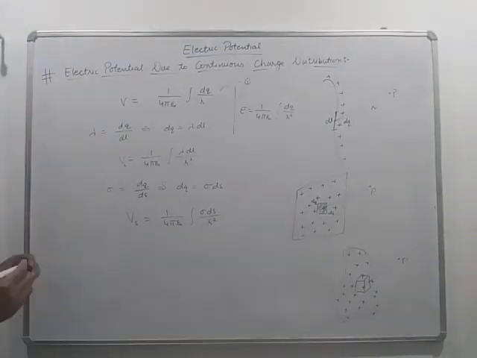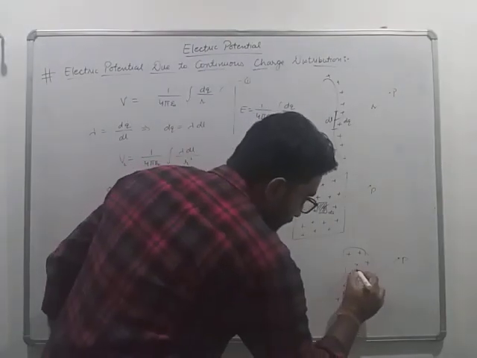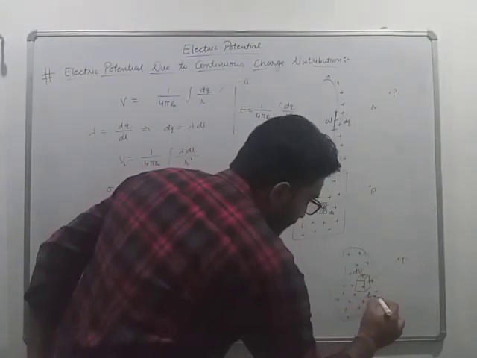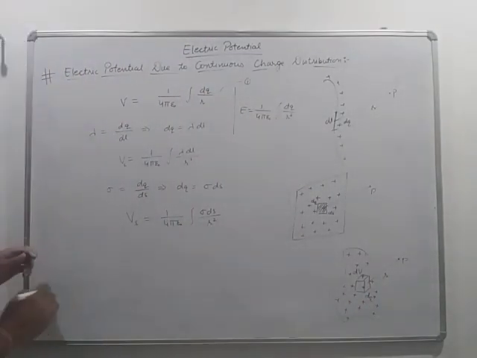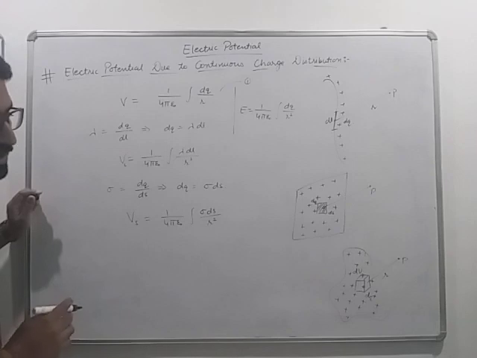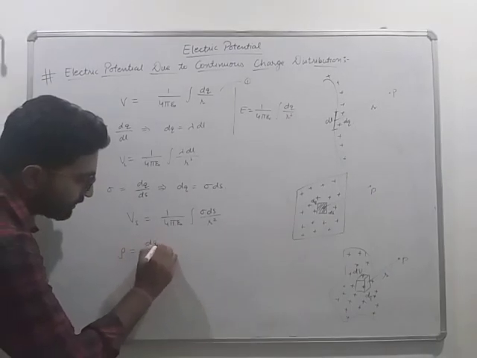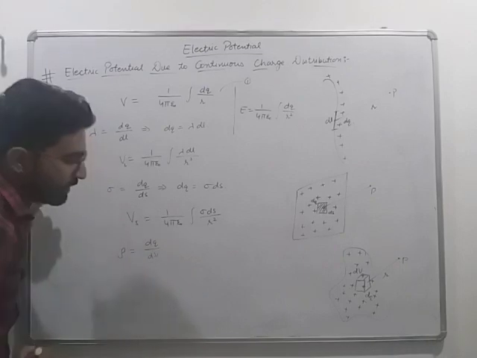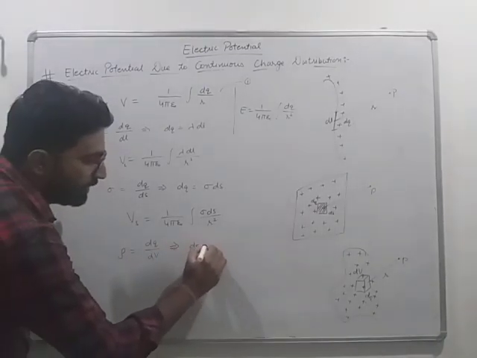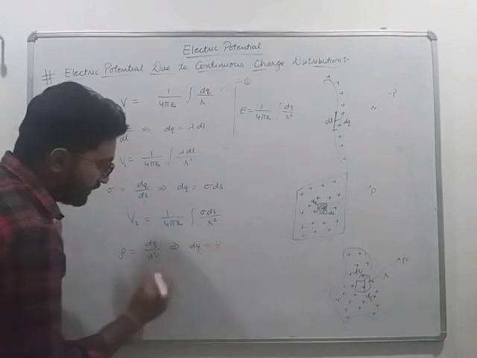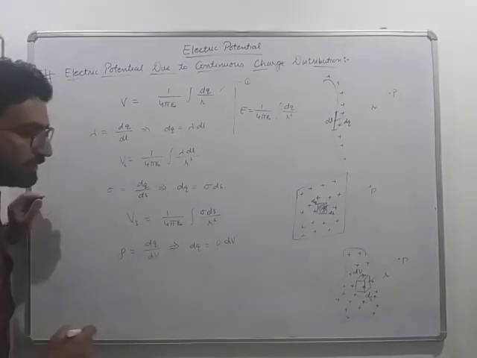Similarly, for the volume charge distribution, if we cut a small volume dv having charge of dq at a distance of r from the point P, then the volume charge density rho can be written as the charge per unit volume, dq divided by dv. Then dq will be equal to volume charge density multiplied by the volume dv.